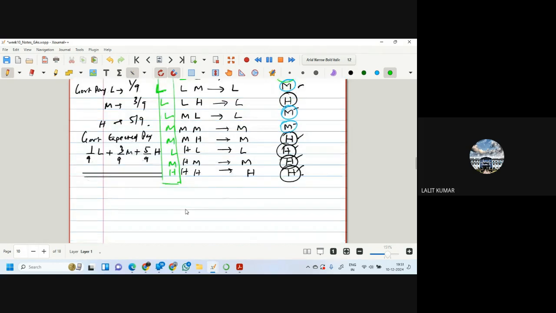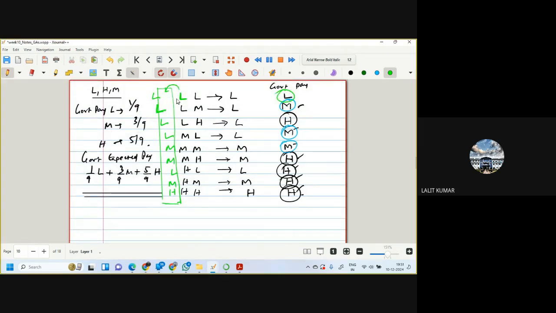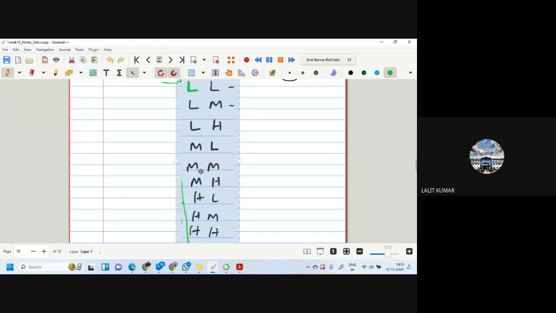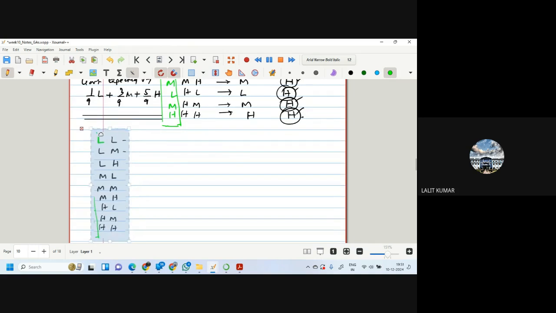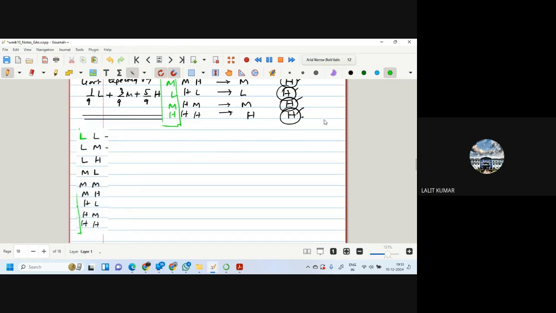So if the second strategy is chosen, these contractors will bid MM, MH, HM, HH.